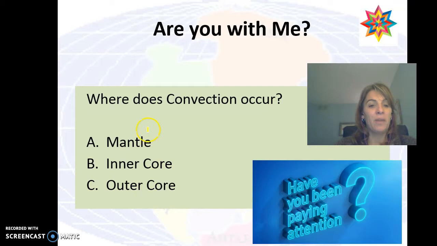The correct answer would be your mantle, inner core, or outer core? It would be your mantle, because remember that your asthenosphere is part of the lower part of your upper mantle.